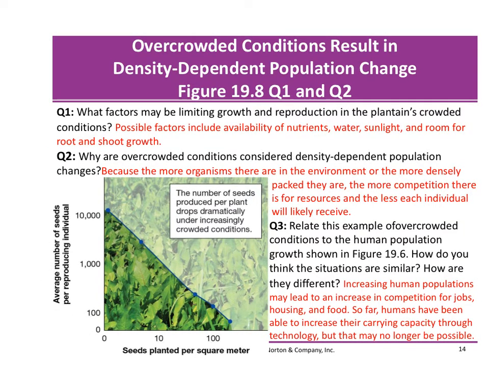So possible factors include nutrients that might be limited, water might be limited, sunlight, and then room for root and shoot growth. Obviously, if you're really constrained.